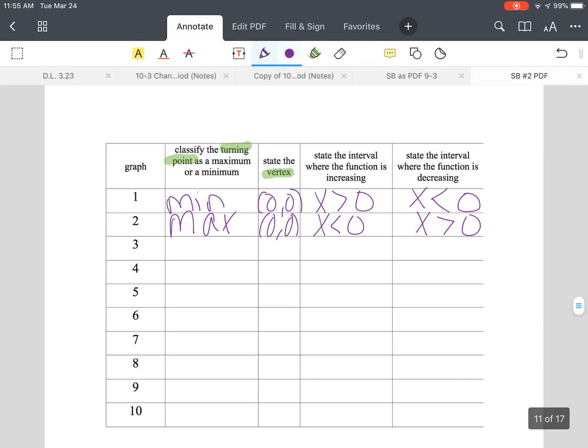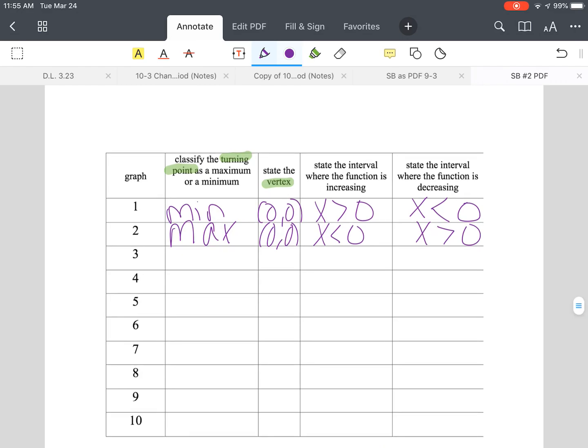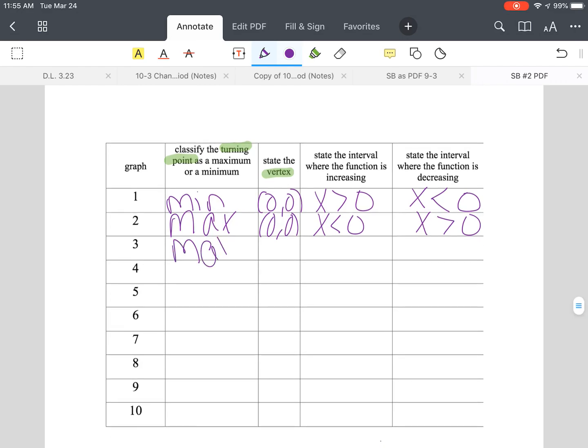Okay, so we said the turning point or the vertex in number 3 was a maximum. The ordered pair was 1, 2. And it was increasing when x is less than 1, and it is decreasing when x is greater than 1.